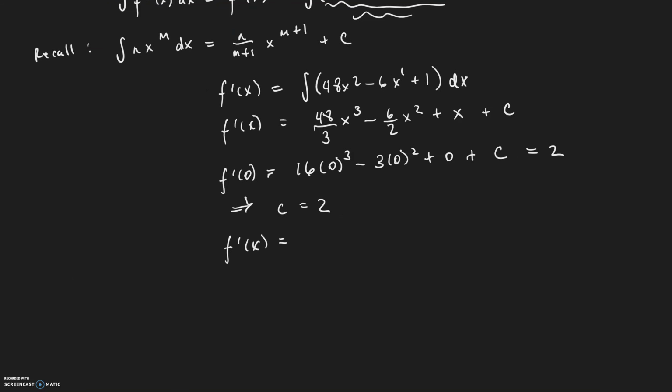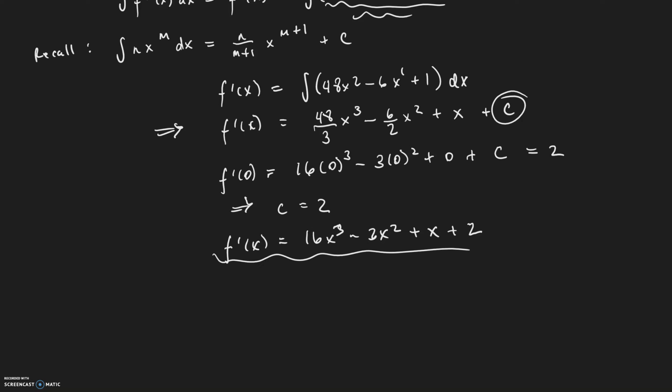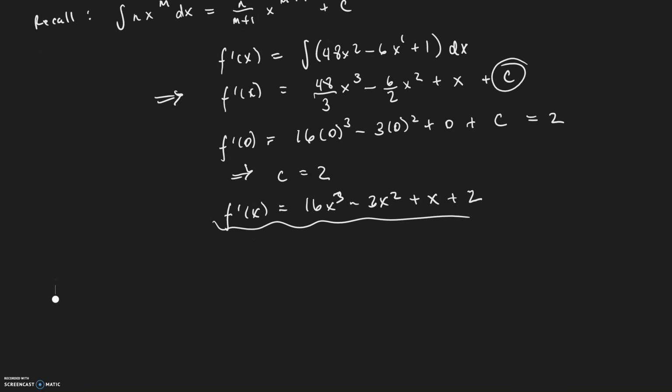So now that we know that c is equal to 2, altogether we have that f prime of x is equal to 16x cubed minus 3x squared plus x, and now instead of c we have plus 2, right? And that is f prime of x. So now to find f of x, we do the same thing again. We take the antiderivative of both sides of this equation, right?